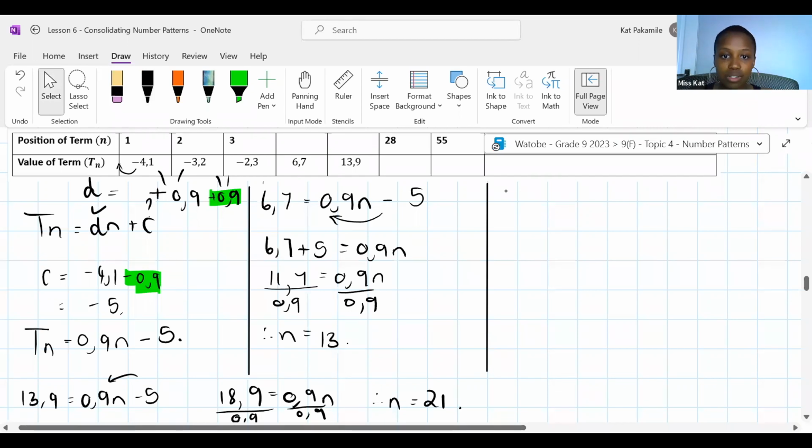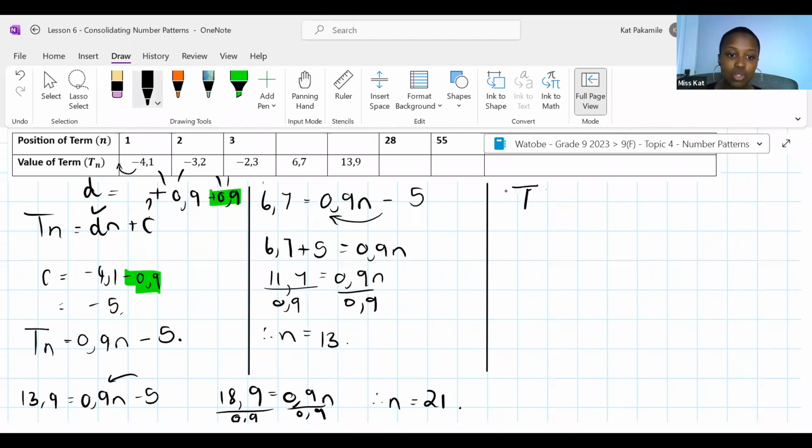This time we have been given the n, right? Here we go. Been given n, so T28, term number 28 is equal to 0.9 times 28 minus 5. How much is that? 0.9 times 28 minus 5.